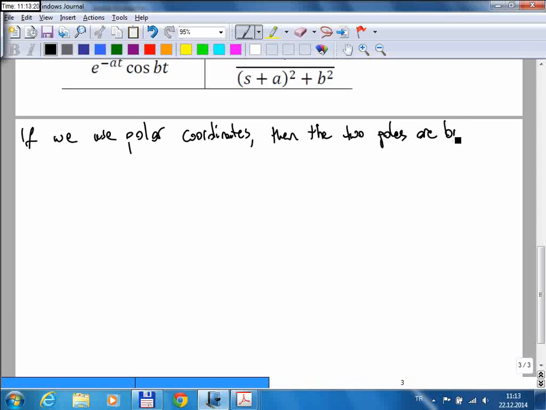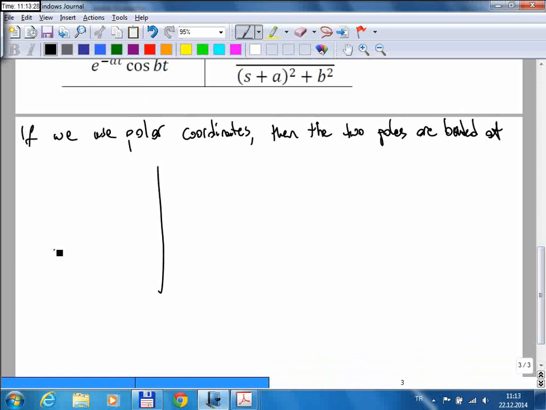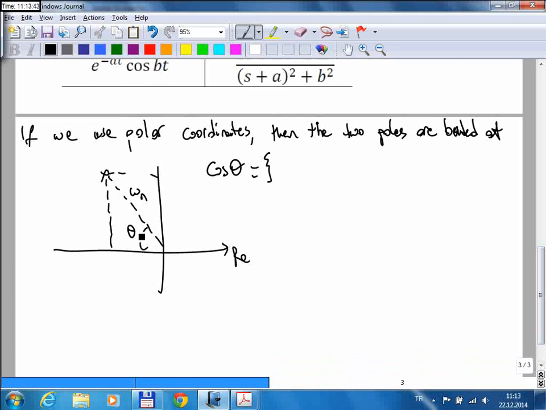And the two poles are located at, we call this difference omega n, and we call it theta, but we said cos theta is equal to zeta. So this part should be omega n times cosine theta, but cosine theta is zeta, and it's a negative number. And this part is omega n times sine theta.